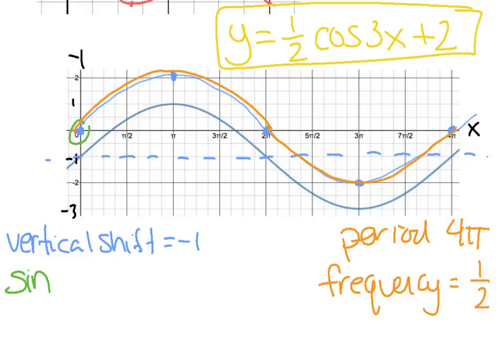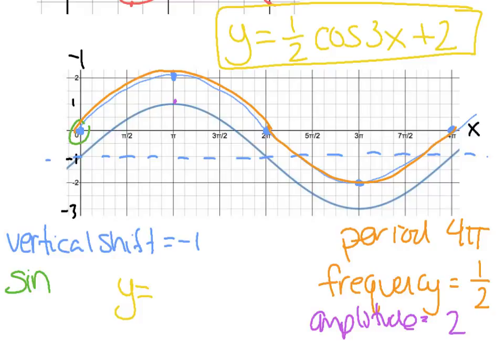Now, let's write the equation. I'm going to have y equals, and now I just realized I forgot to talk about the amplitude. So let's talk about the amplitude here. When we talk about sine, my highest point is supposed to be at 1. Now how do I get to 2? I'm going to multiply the equation by 2, and that's going to stretch it out for me.